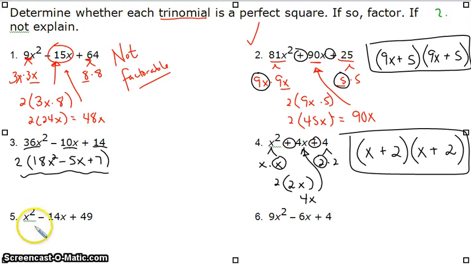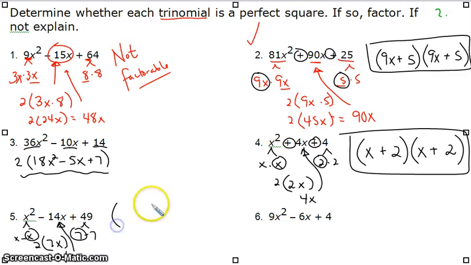Let's go to number 5. Is this a perfect square? Yep. Is this? Yes. So we've got x times x, 7 times 7. All right, so let's think about it. 7 times x, 7x. We're going to double it. What do we get? 14x. Cool, that adds up to the middle term. So then we go to our 2 binomials.